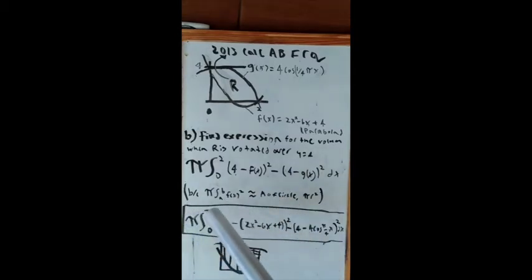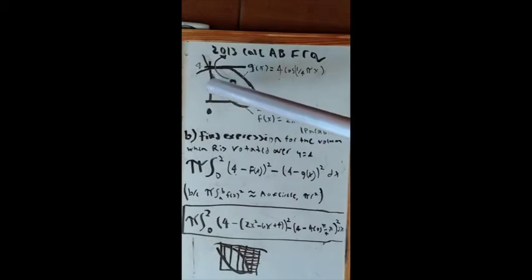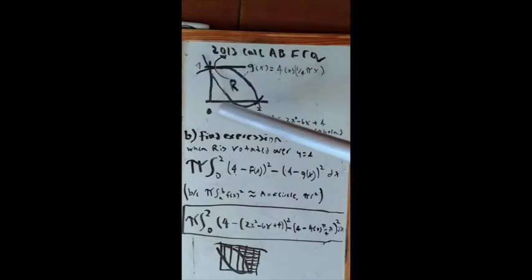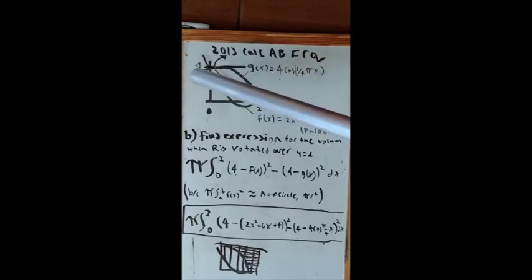Pi integral a to b of a function squared looks really similar to pi r squared. That is because you are finding a bunch of different circles rotating around the line y equals 4, and then adding them all up to get an entire volume.